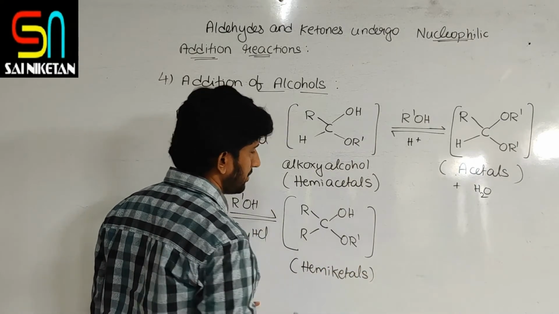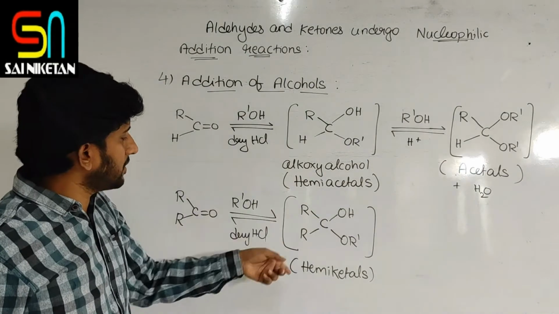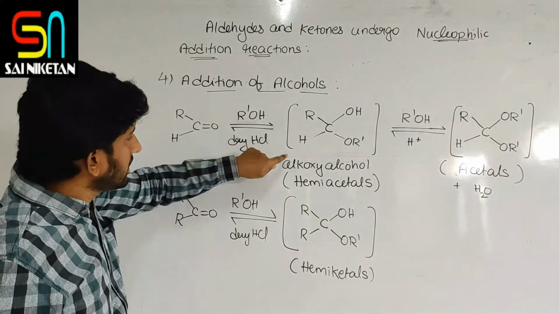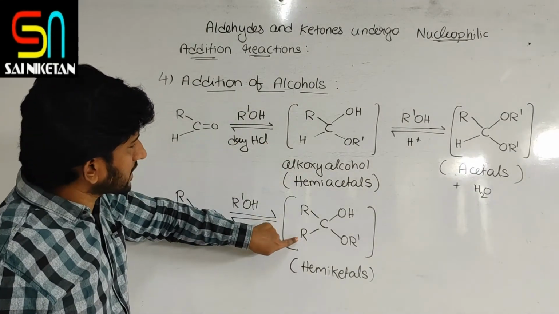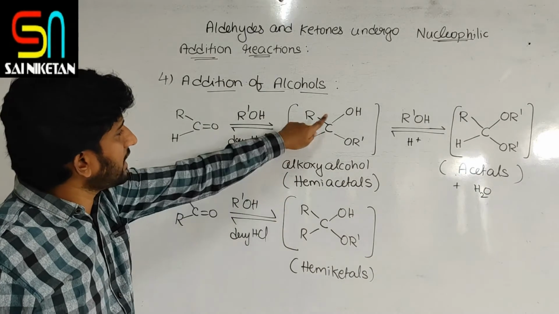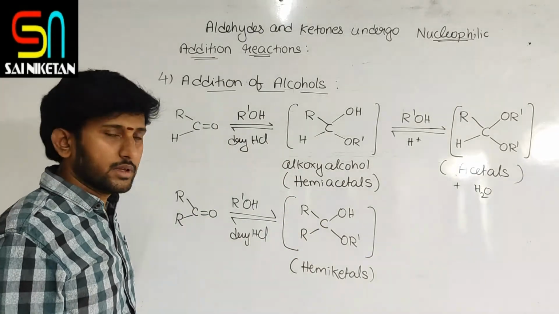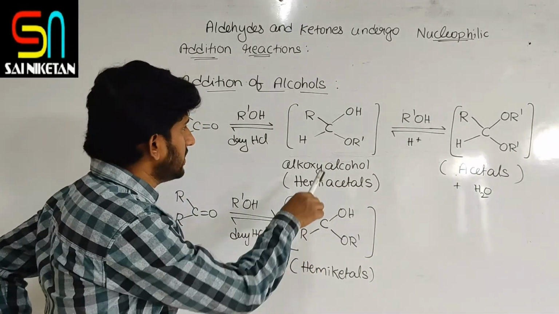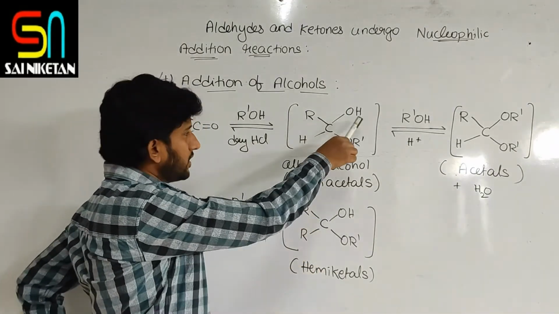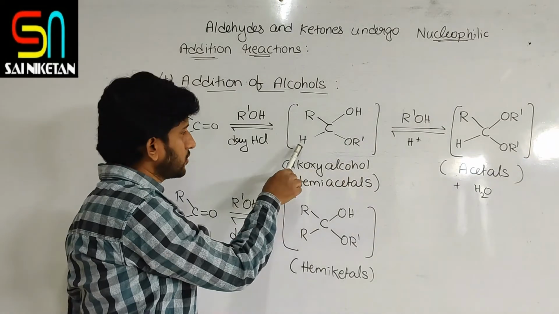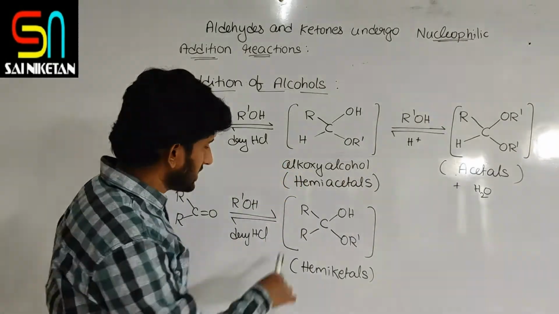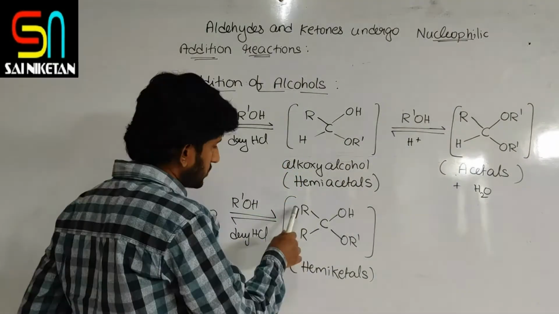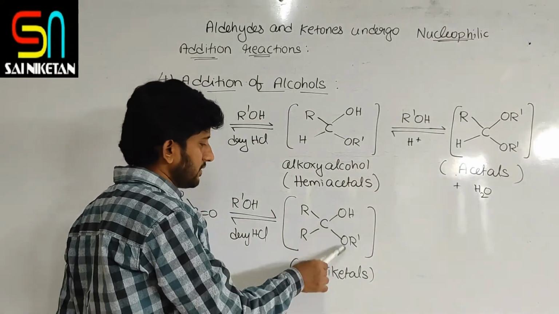What is the difference between hemiacetal and hemiketal is one hydrogen and one alkyl group; the remaining groups are same. So hemiacetal contains one alkyl group, one hydroxy group, one alkoxy group, and one hydrogen, whereas hemiketal contains two alkyl groups, one hydroxy, one alkoxy.